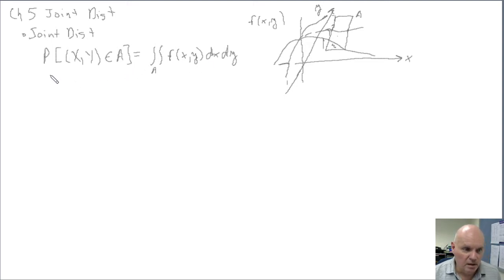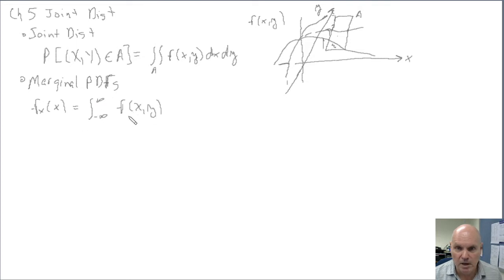Okay, and then that led to our definition of marginal PDFs. These are the PDFs of x and y individually, and we can get those from the joint PDF by integrating the joint PDF over the other variable.